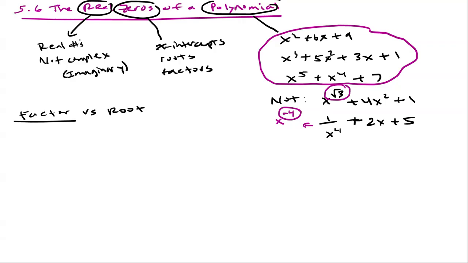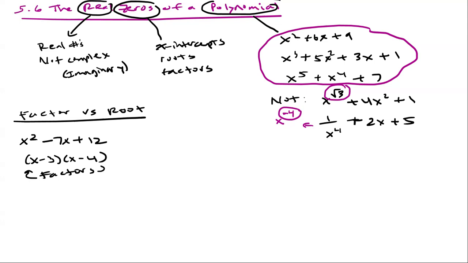So if I have this polynomial, x squared minus 7x plus 12, if we were to factor that, we would get x minus 3, x minus 4. So these are your factors. That one and that one. Those are factors.